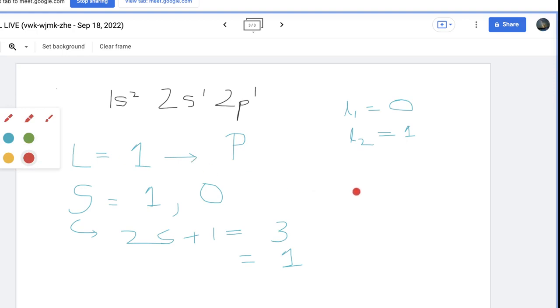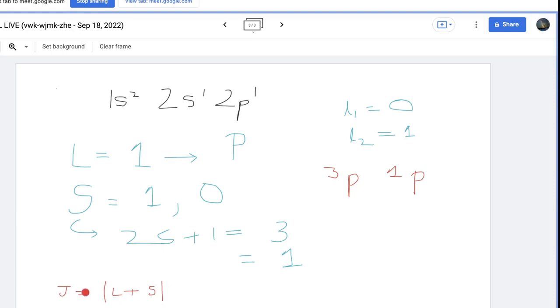Now I have two different multiplicities and one term as P, so I can write it as 3P and 1P, correct? And if I calculate the value J, the formula is L plus S. This vector comes when there is a coupling between orbit and spin, correct?